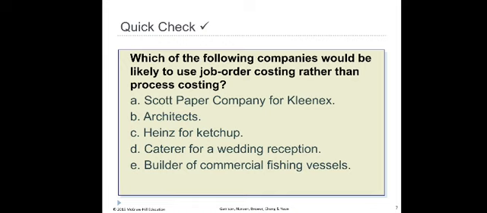So this one should use a job order costing system because every catering service is different according to the customer order and request. And then E, builder of commercial fishing vessels.